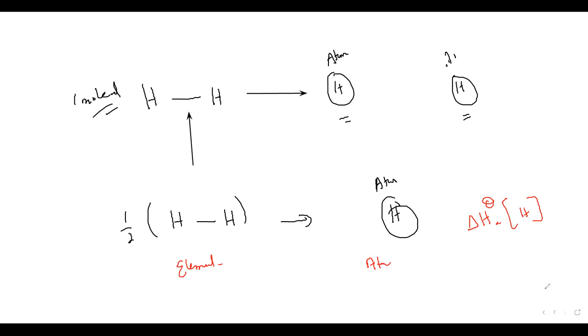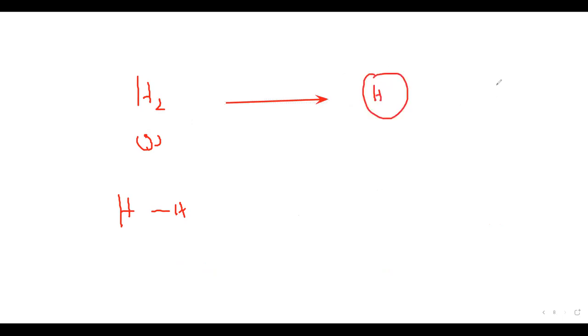What if we have the hydrogen molecule like here? So if you have a hydrogen molecule, meaning hydrogen single bonded with another hydrogen, we supply energy to produce hydrogen atoms.